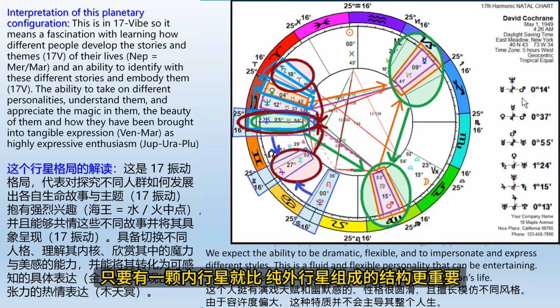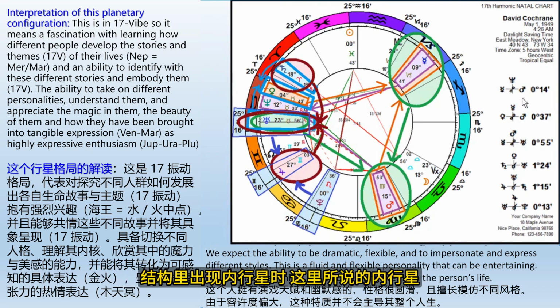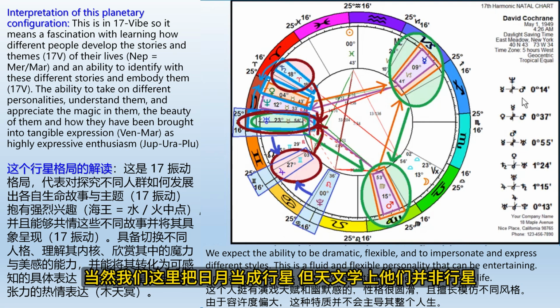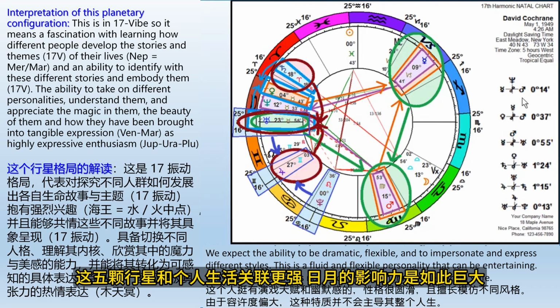When you have a planet that's an inner planet, inner can mean different things depending on context, but in the context of VA, when we say inner planet, we usually mean Sun, Moon, Mercury, Venus, or Mars. Those 5 planets, of course we call Sun and Moon planets, but they're astronomically not planets, but those 5 planets have a more personal impact.